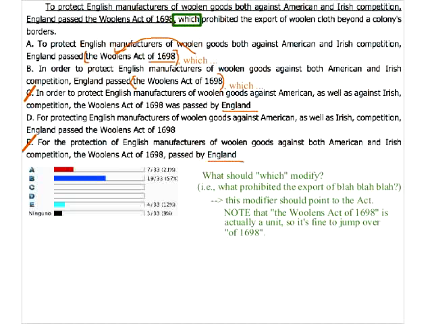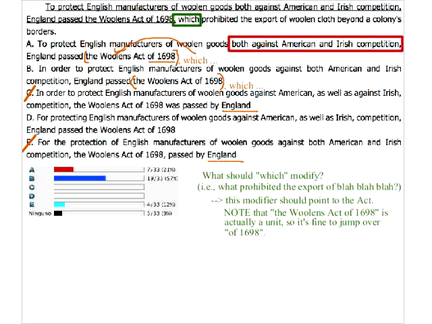Between the choices that people actually picked, which are A and B, this is another parallelism issue. So let's look at this. Against both American and Irish competition versus both against.